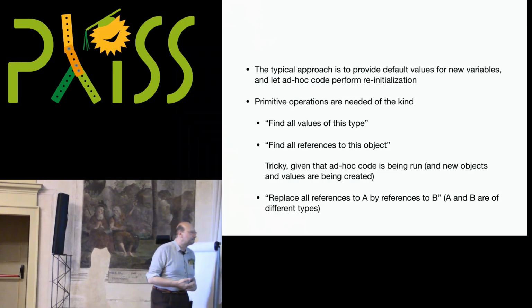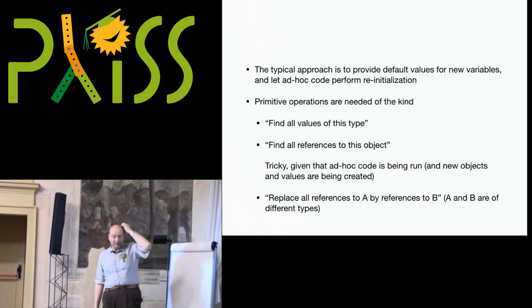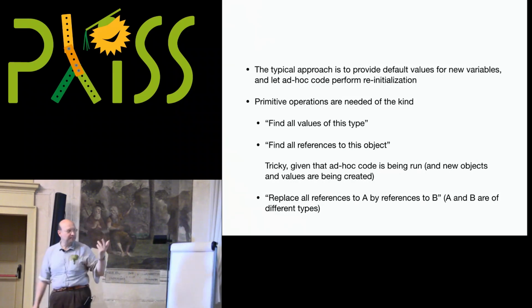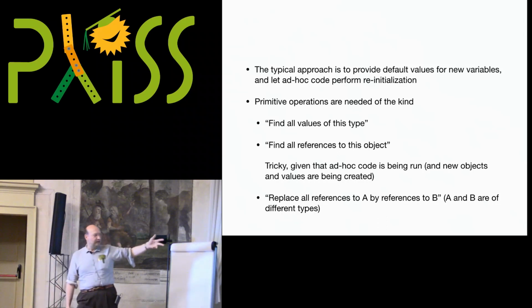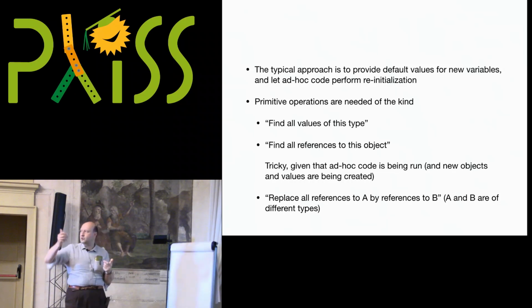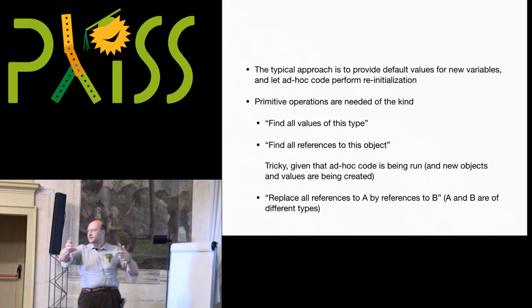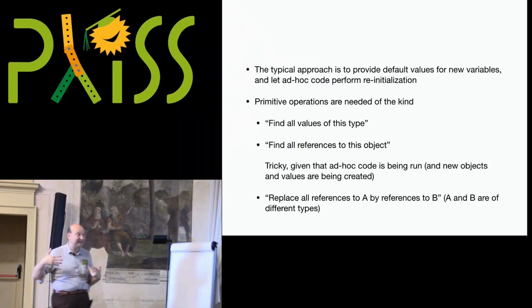And then once you've done that, if you want to maintain sharing relationships, the Smalltalk approach anyway is to provide a primitive that says, replace all references to this thing A with references to the new thing B. So kind of atomically you switch in the new object, and everybody who was pointing to the old object points to the new object.